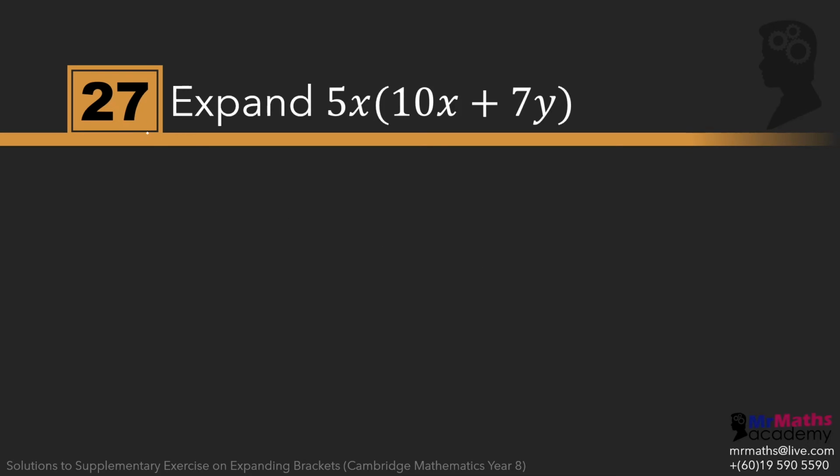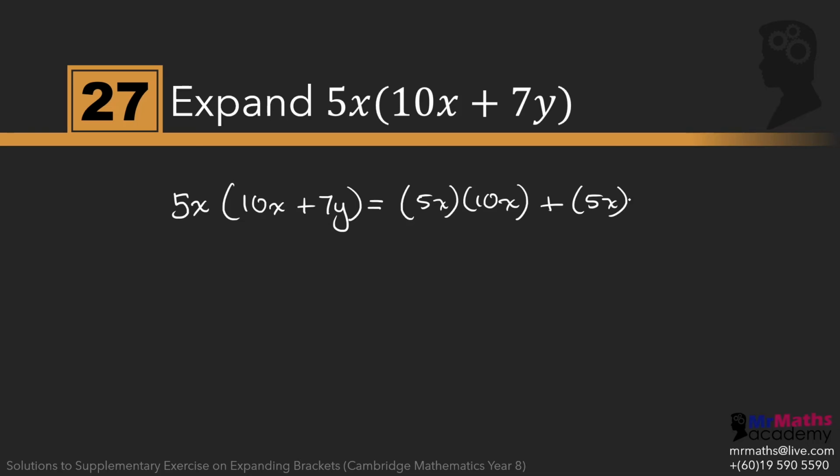Question 27. 5x, 10x plus 7y. There are no minus expressions there, so I can just multiply directly. So we have 5x times 10x plus 5x times 7y.